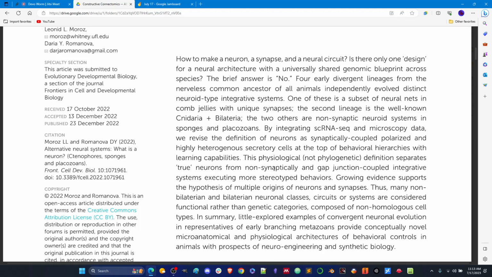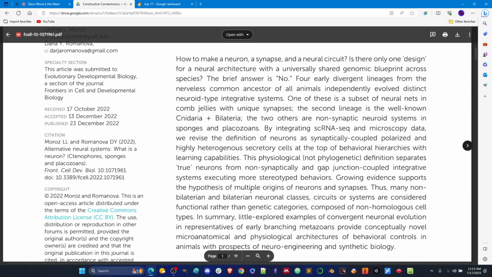We talked about this, executing more stereotypic behavior. So this definition can differentiate these. They're just kind of saying no true neuron does this, or a true neuron does this. It's sort of like a no true Scotsman argument, but okay.